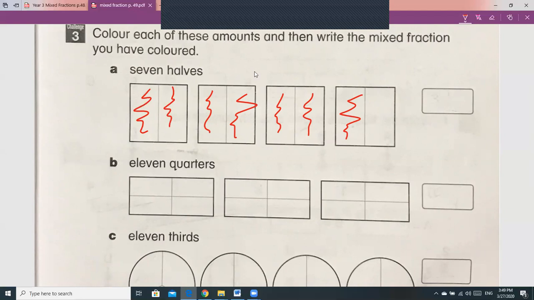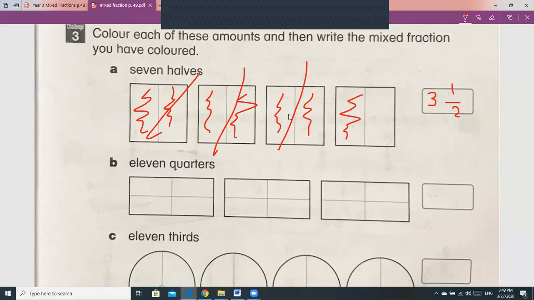We colored how many? 1, 2, 3 whole squares. Then the fraction, the last one, we colored 1 from 2.